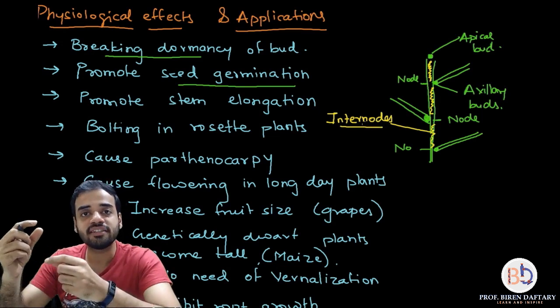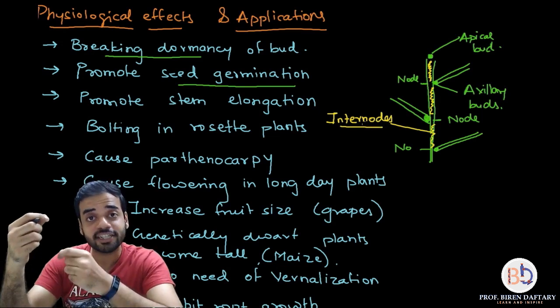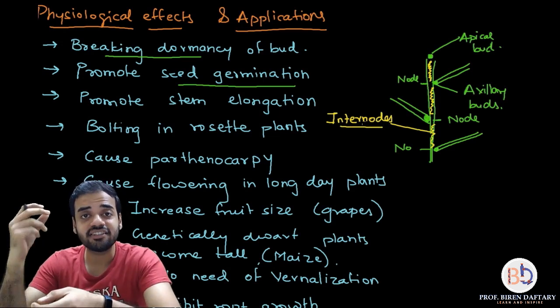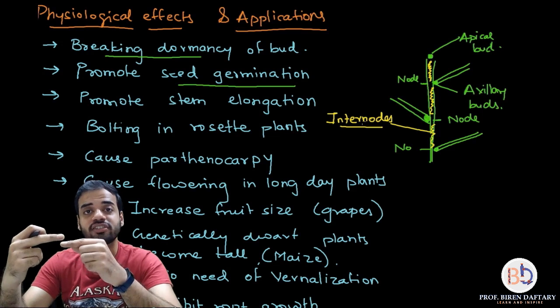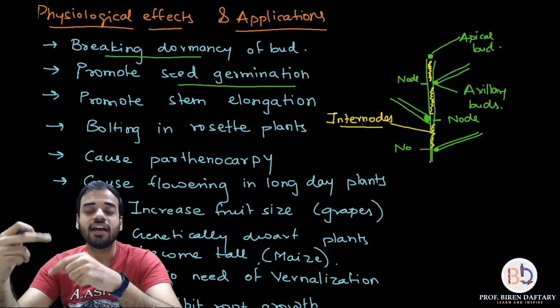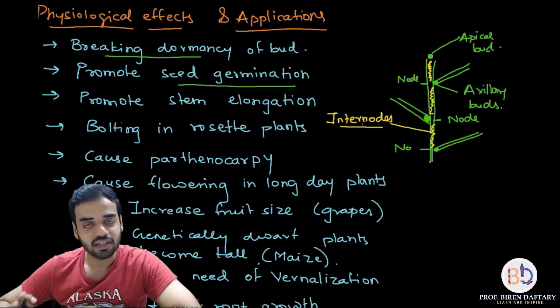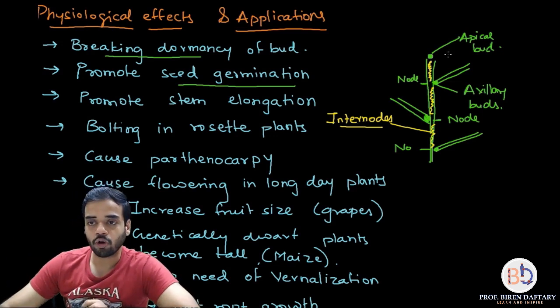These internodes are basically the areas present between two nodes or between two buds. So when you add gibberellins, gibberellins cause the internodes to increase in length, and when the internodes increase in length, obviously the height of the stem will increase. Is this clear?